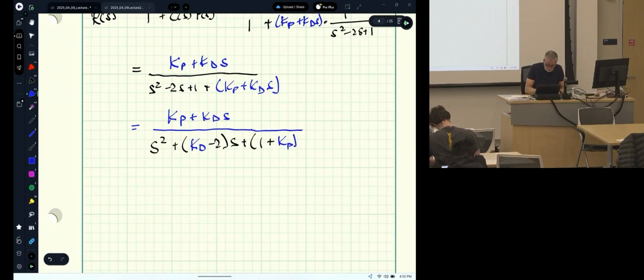So question for you. Find values for Kd and Kp such that the closed loop system is BIBO stable.